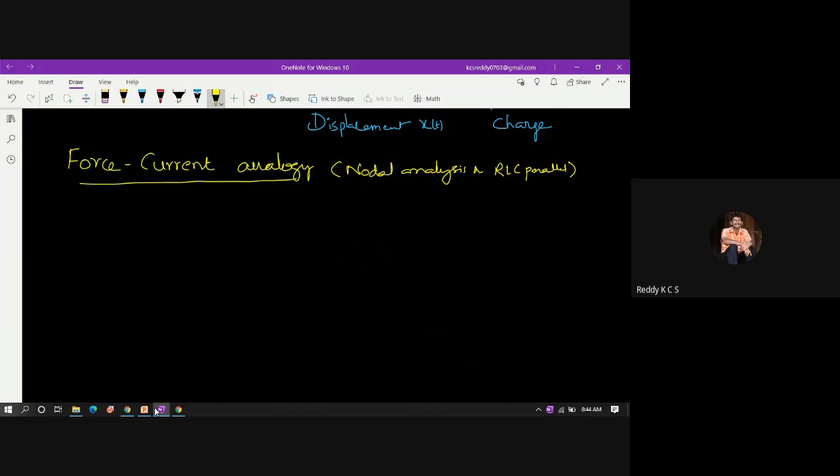In this case, it is node analysis, or we can call it RLC parallel. It means that all three elements, the resistor, the inductor and the capacitor, are connected in parallel, so that we can apply the nodal analysis.